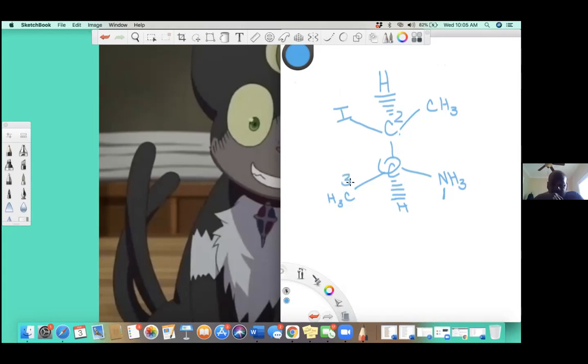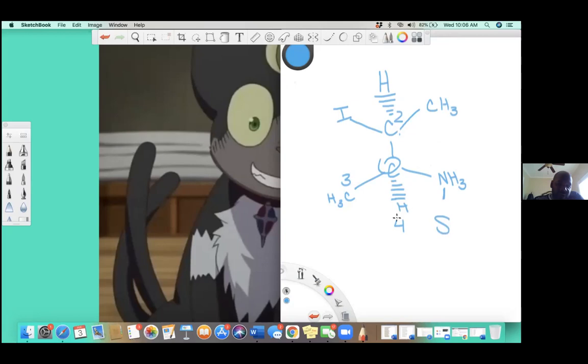And the hydrogen is 4 in priority. If you count the groups 1, 2, and 3, it's either going to be clockwise or counterclockwise. This is counterclockwise, so it would be S. And the fact that hydrogen is vertical on the bottom means you would keep it S.